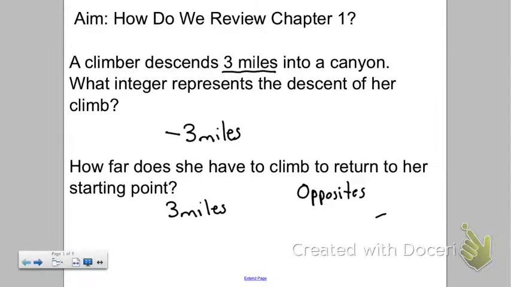The reason why these numbers are opposites is because negative 3 plus 3 is equal to 0. Opposites, when you add them, are always going to get you back to 0, or in this situation, the 0 stands for the climber's starting point.